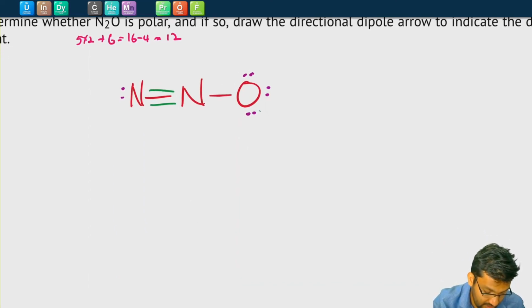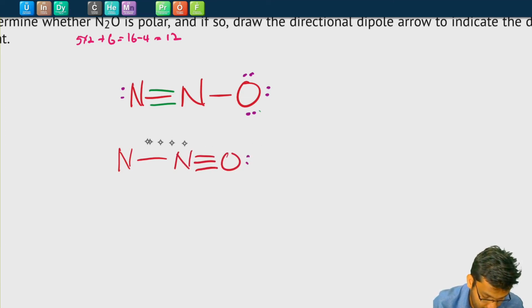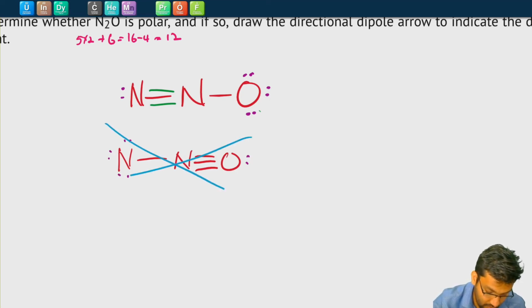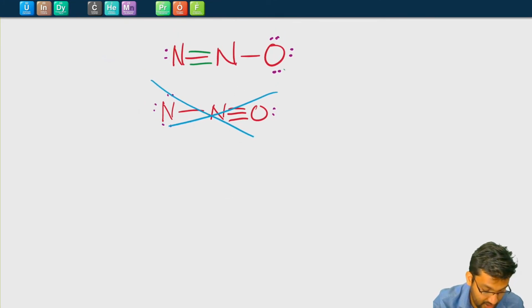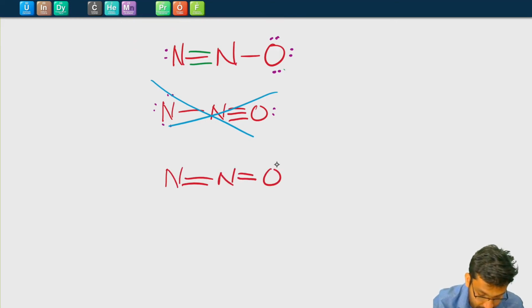The second possibility was we borrow 2 from the right. Well, we talked about how this one would probably not be possible because of the formal charges. And then finally, there's a possibility of sharing 1 each from the left and the right. So we have this situation.